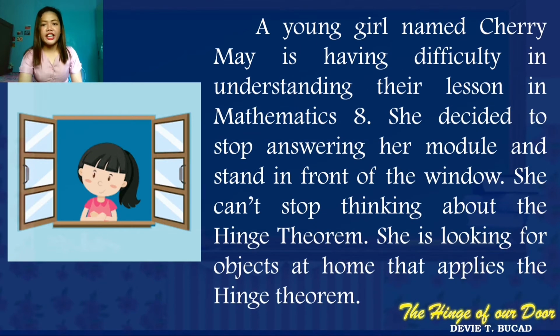A young girl named Jeremy is having difficulty in understanding their lesson in Mathematics 8. She decided to stop answering her module and stand in front of the window. She can't stop thinking about the Hinge theorem. She's looking for the objects at home that apply the Hinge theorem.